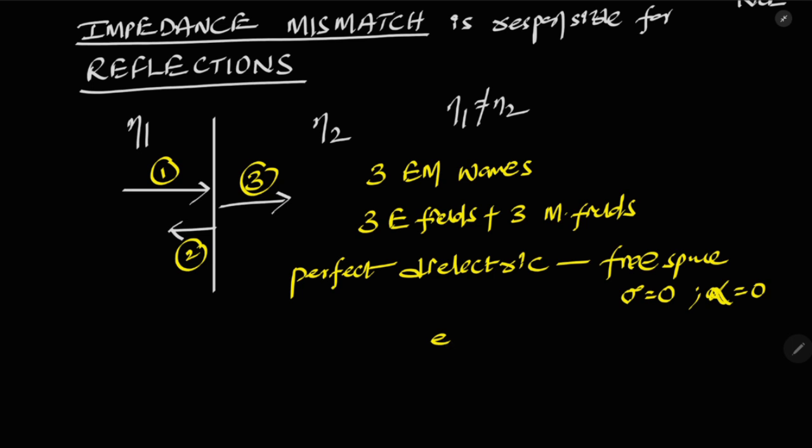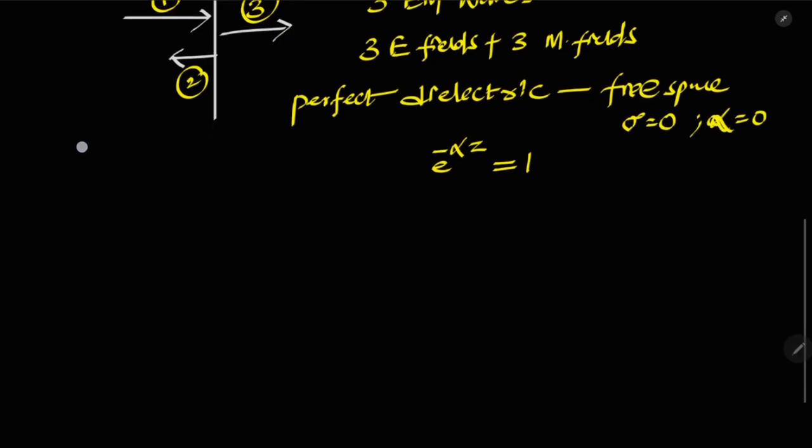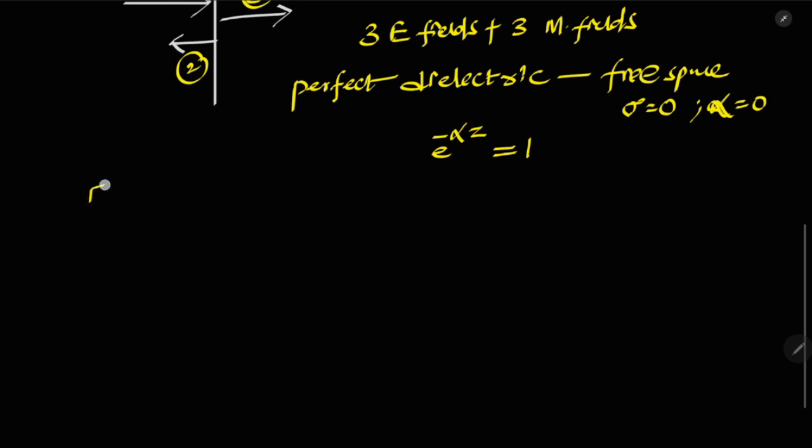In the electric field and magnetic field expressions, we have the term e power minus alpha z, if you assume z is the direction of propagation. But because we are considering a perfect dielectric where sigma is 0 and alpha is 0, e power minus alpha z becomes 1. So now I'm going to write the expressions for the electric fields.